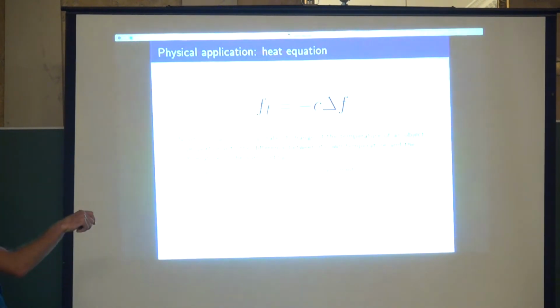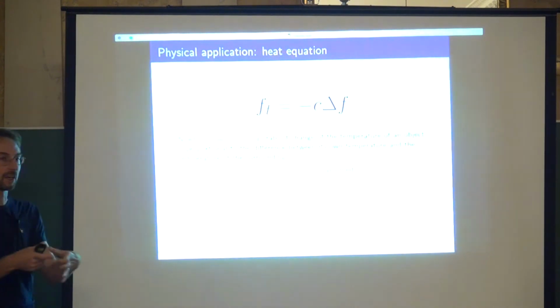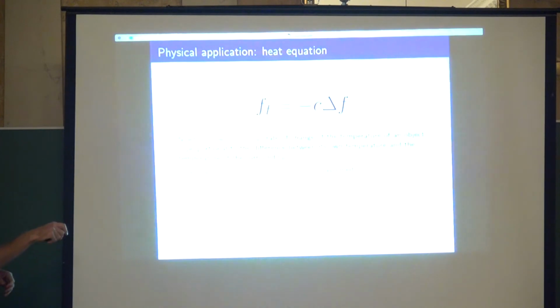That's exactly what we see. That's the rate of the change of the temperature, the derivative of f with respect to time, right? And on the right-hand side, we have the Laplacian, that, I remind you, is just the difference between the temperature at a point, or any value of your scalar field at a point, and the surrounding. Now, c is called the thermal diffusivity constant. For simplicity, we'll assume it to be 1.